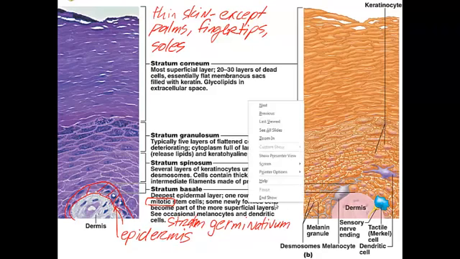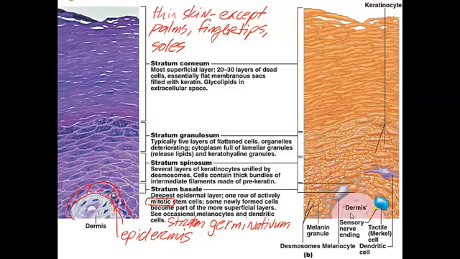And recall that this is where we find primarily the dendritic cells, the tactile or the Merkel cells, and you can see those labeled right here, the Merkel cells. And there are melanocytes as well. And occasionally there's going to be dendritic cells, but some of the dendritic cells can also be found a little more superficial, as you see on the right-hand side of the diagram that's in front of you.